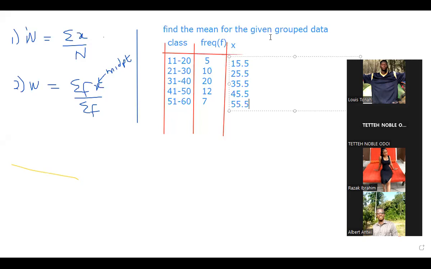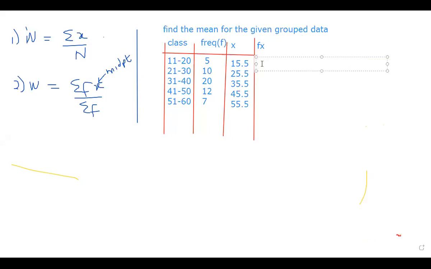So let's go to the next column. Just a minute, let me create it. So that will be fx, f times x. Now let's take your products. I multiply f and x, which is 5 multiplied by 15.5, and I got 77.5. Next one, 255.